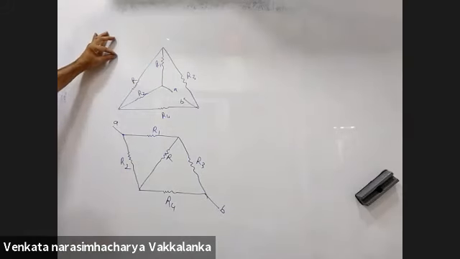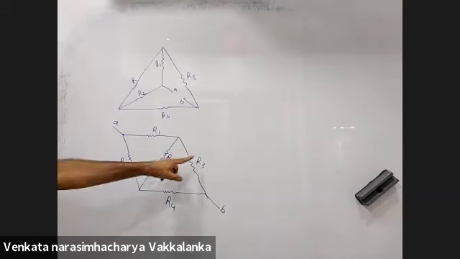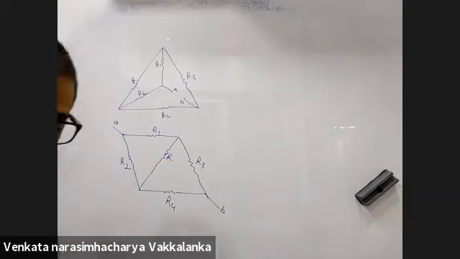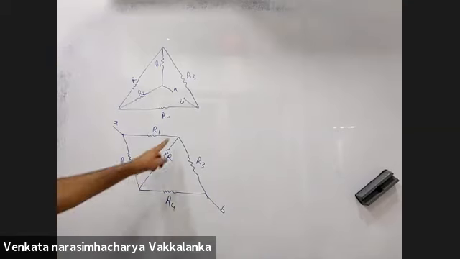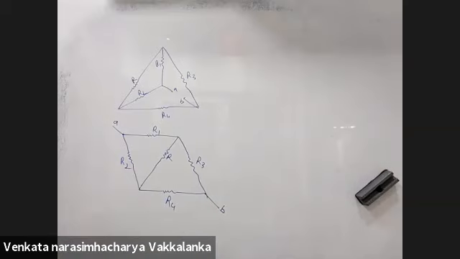Point A, pull it out of the board and place it on the board. R1 by R2 is R3 by R4. R1 by R2 is equal to R3 by R4. This branch will become null and void. A deceptive looking Wheatstone bridge.